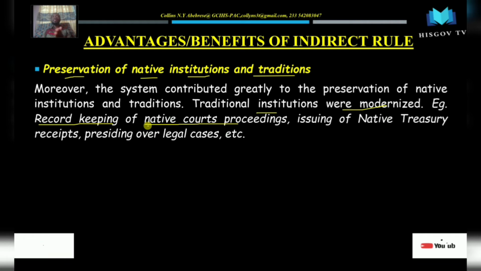Whatever happened in the native courts that they allowed these traditional leaders to establish under the indirect rule system, they encouraged them to keep records for future use. Again, issuing of native treasury receipts. So they also issued receipts to those who paid their taxes, and also presiding over legal cases.